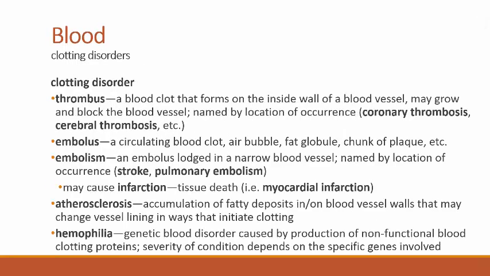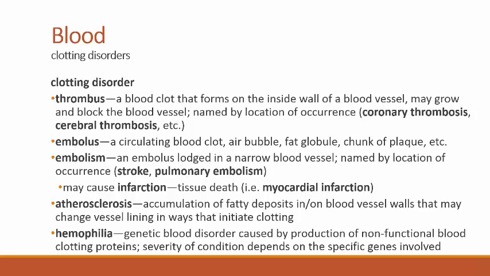So here are clotting disorders. A thrombus is a blood clot that can form on the inside wall of a blood vessel, and it can grow and block the blood vessel completely, so the blood can't flow through it. And we name the thrombus for its location.